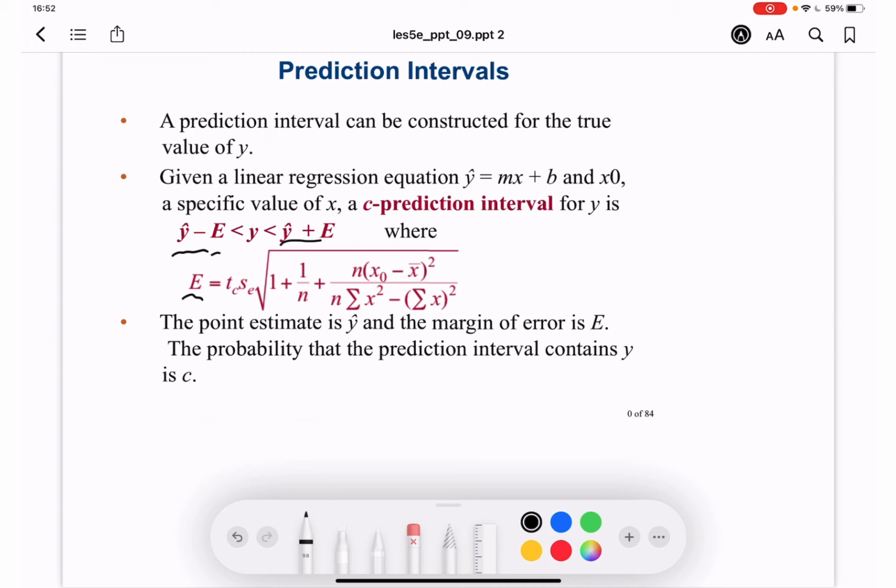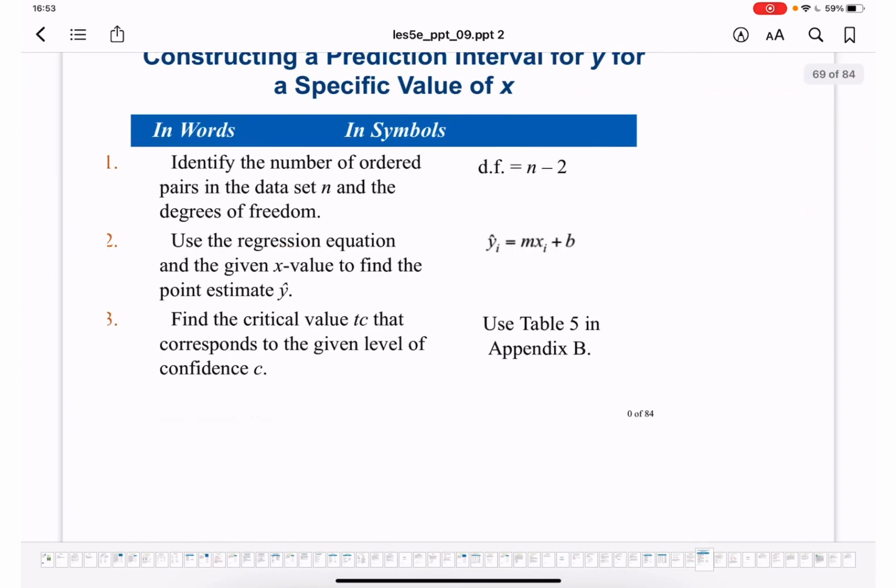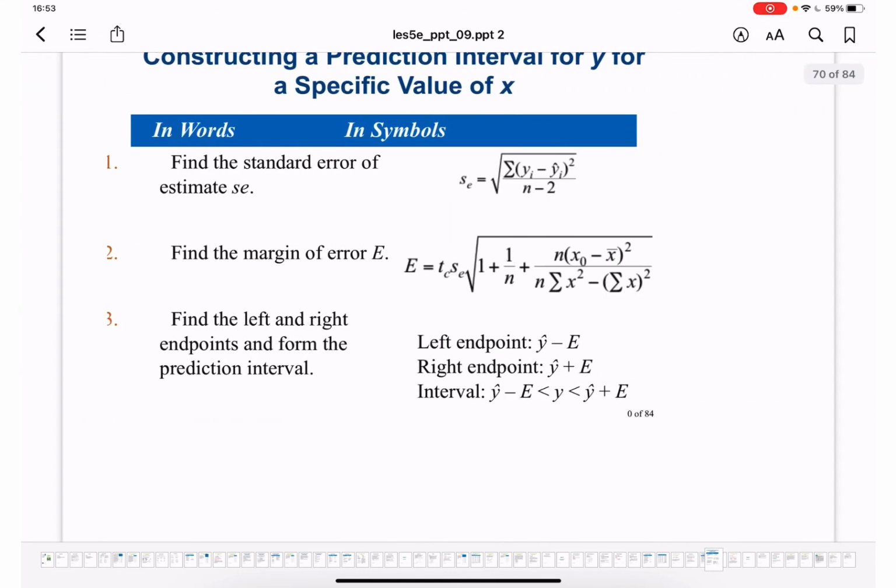X is our x, and x bar is our average. And we can find a prediction interval for a given confidence level. I'm not going to cover this step by step because you're just going to read it, but we will use it in solving a problem.